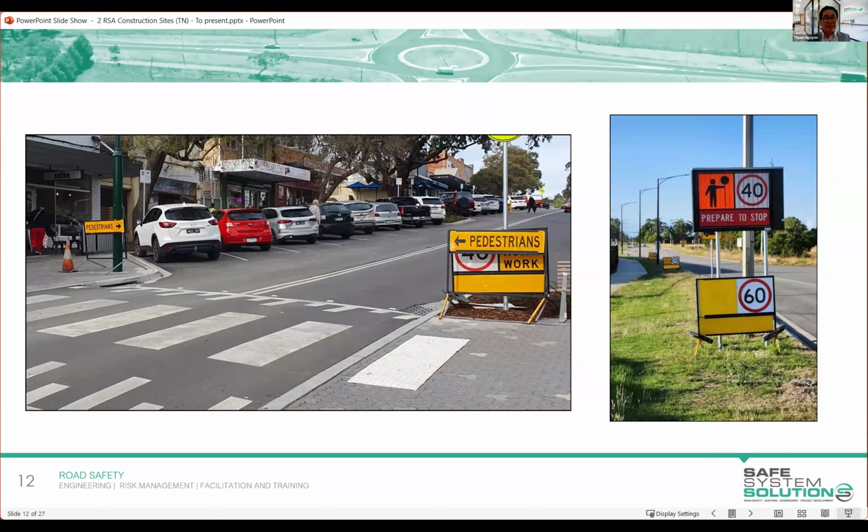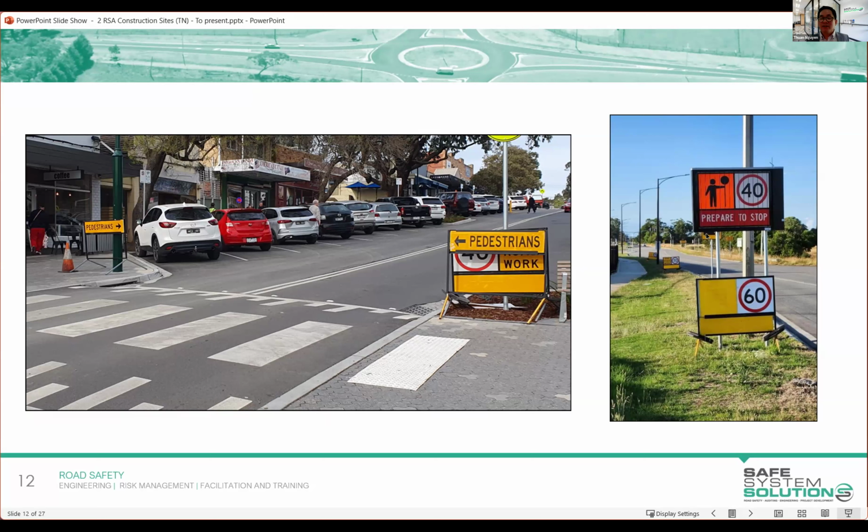A couple of other examples, and the comments on the picture on the left and the right. I took the photo on the right last year on Thompson Road. Not sure whether you can see the details there. I guess we're waiting for people to think about it.